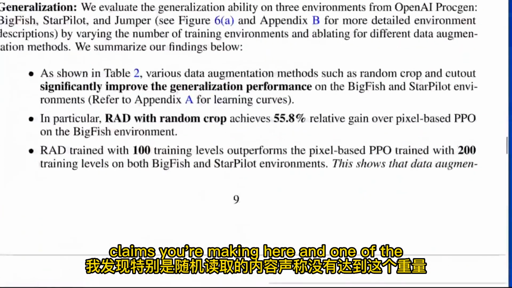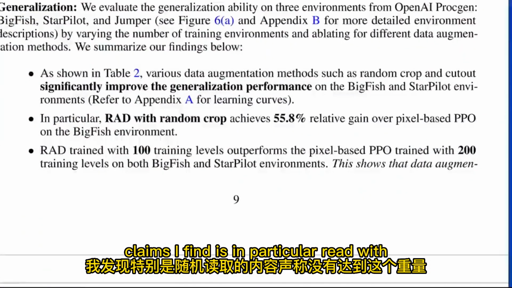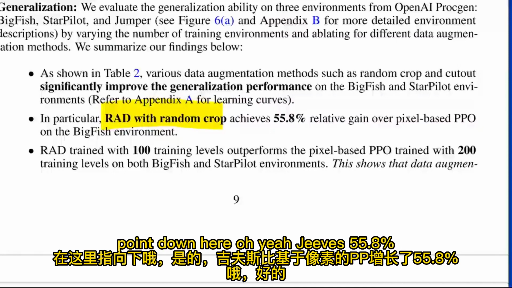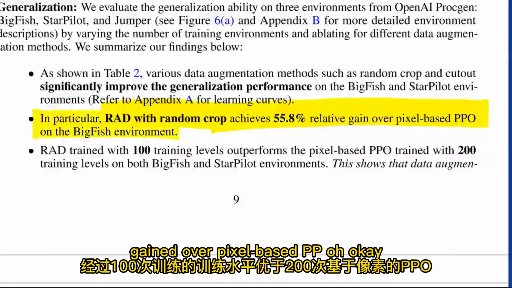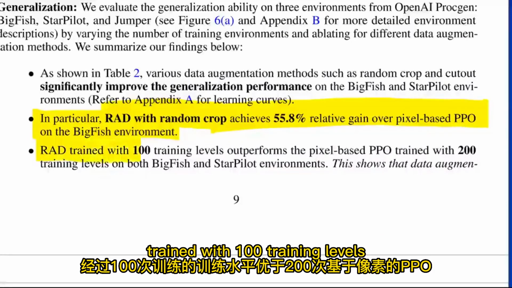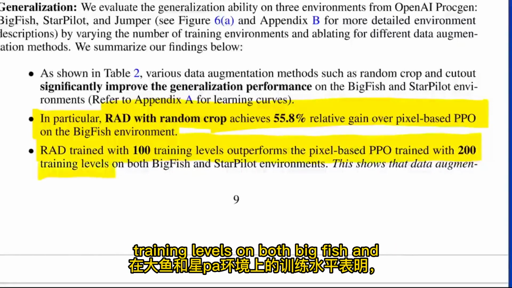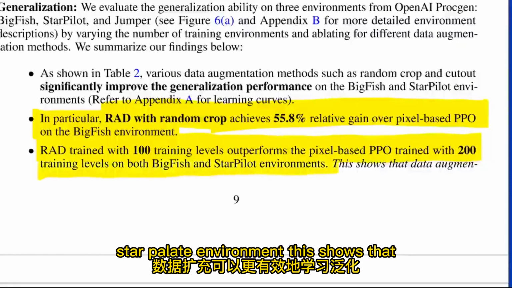And one of the claims I find is, in particular, RAD with random crop achieves... No, wait, this point down here. Achieves 55.8% gain over pixel-based PPO. Trained with 100 training levels, it outperforms the pixel-based PPO with 200 training levels on both Big Fish and Star Pilot environment.